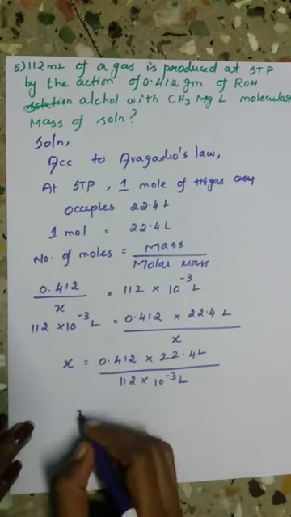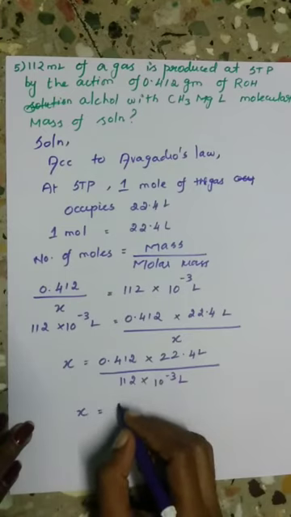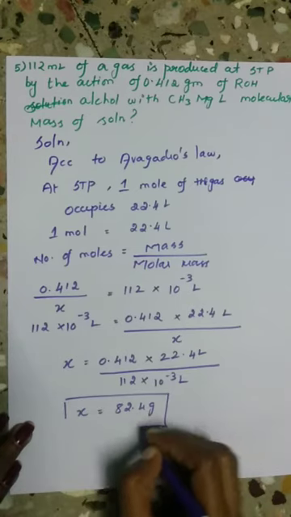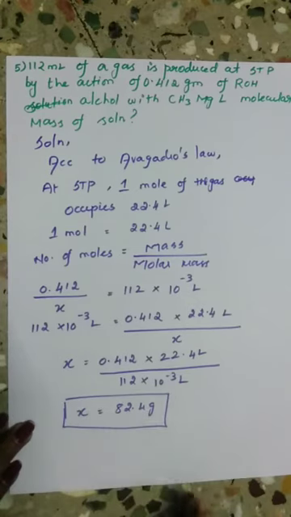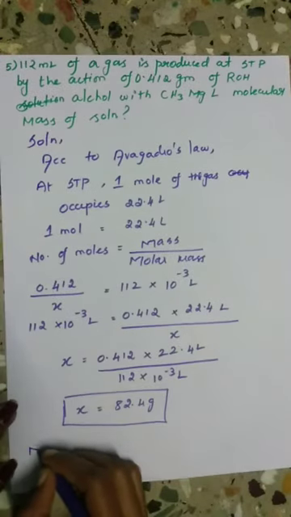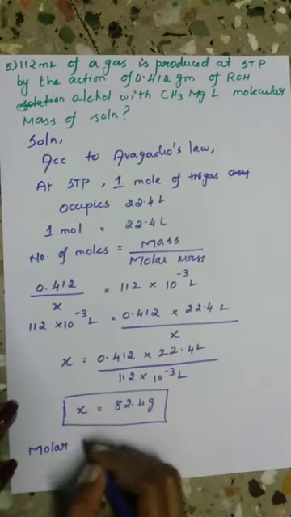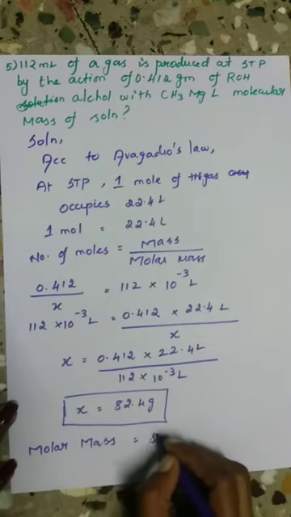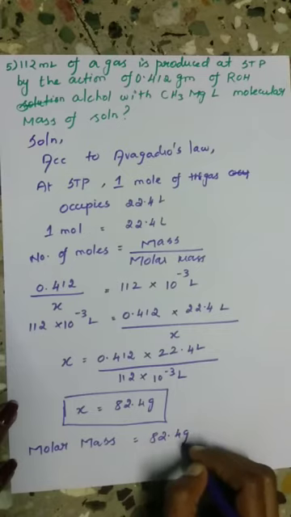So the answer is 82.4 gram. This is the molar mass of the alcohol. So the molar mass is 82.4 gram.